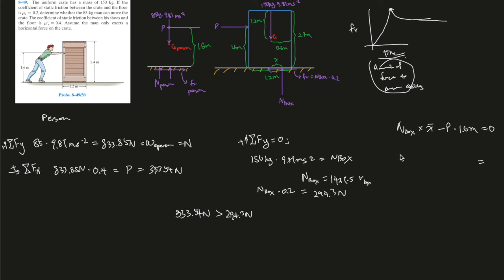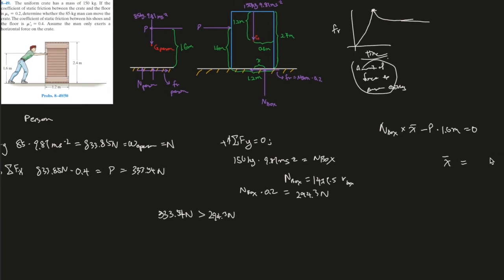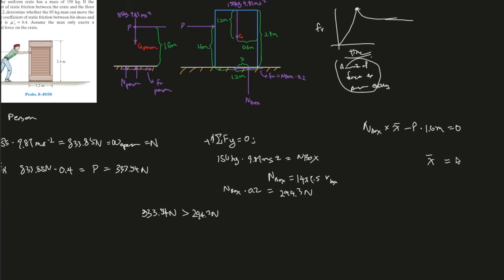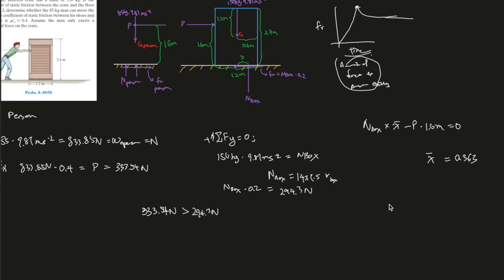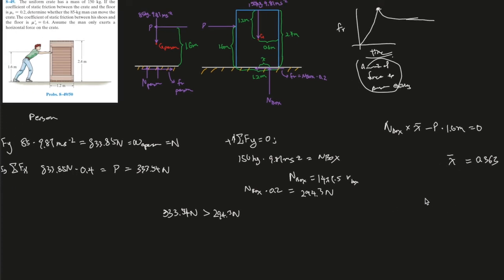And plug everything into your calculator, right? We already found what P is. We already know what N box is. X bar, x average, or the distance between the center point and where the normal force is, should give you 0.363, and that means 0.363 meters, right?